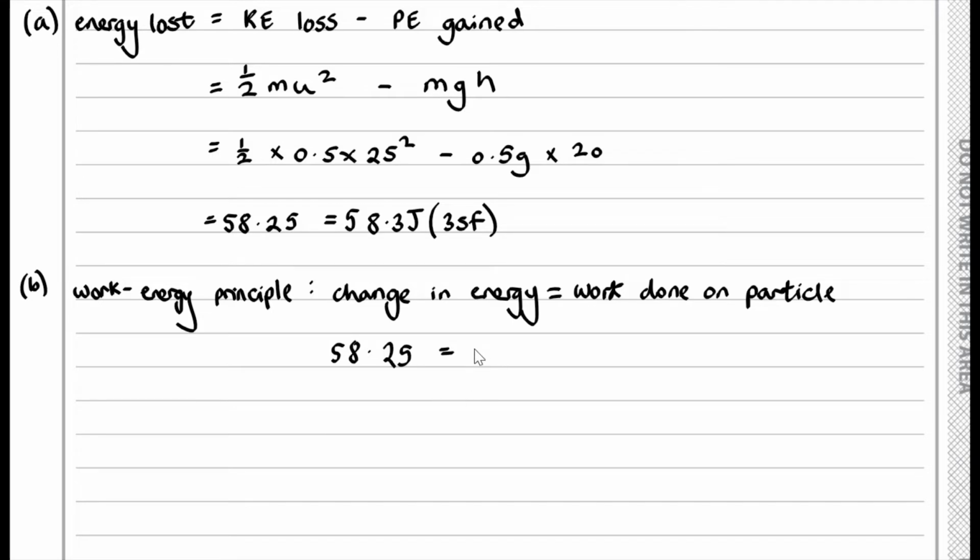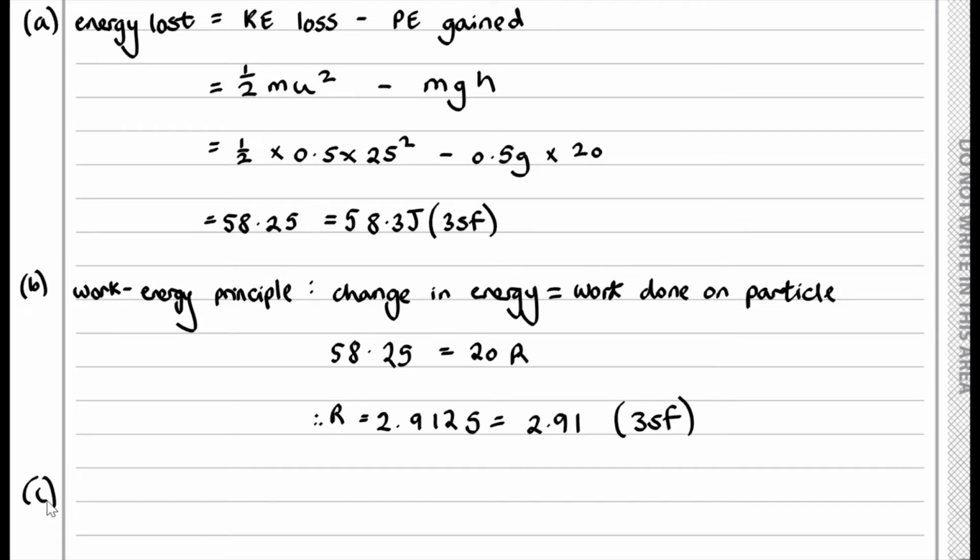So we have 20, that's the distance, times R, that's the resistance. And if we work out R, you'd find R to equal 2.9125 or 2.91 to 3 significant figures.